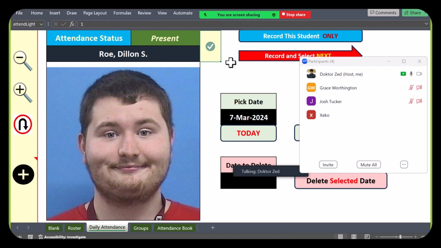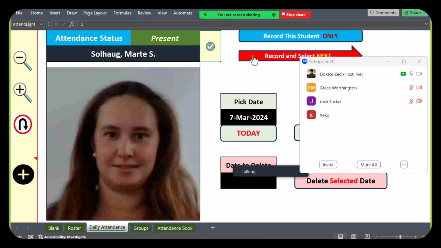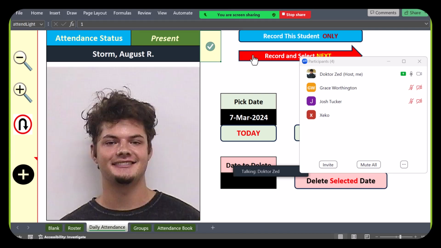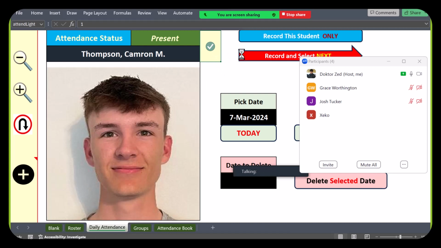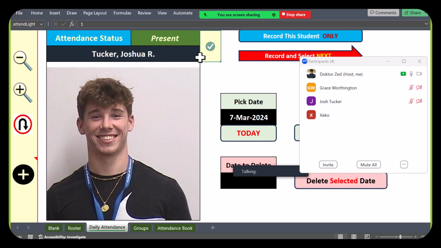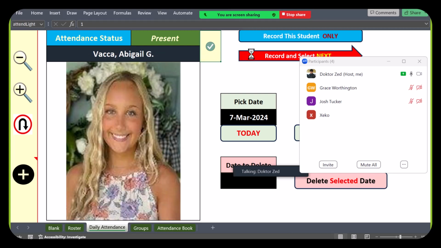Raw, Martha, Hurricane, Cameron, Tucker is on Zoom.